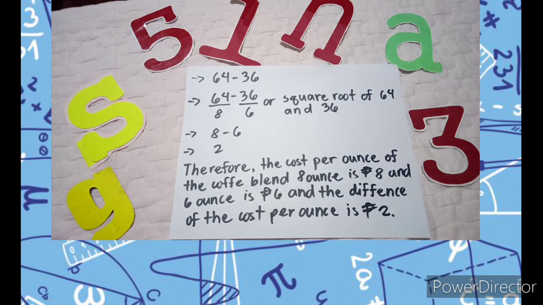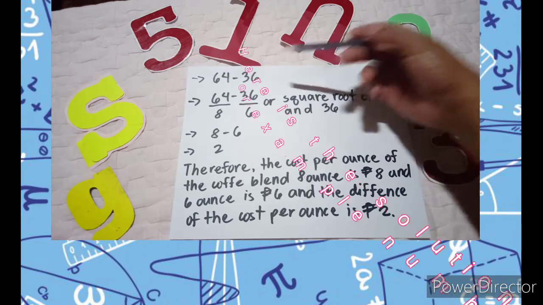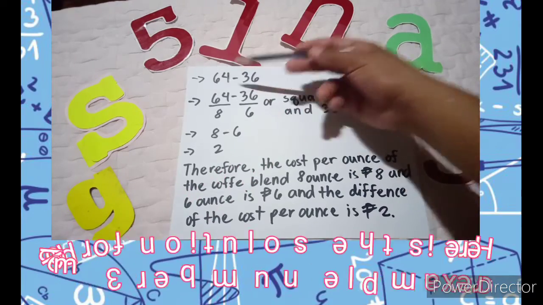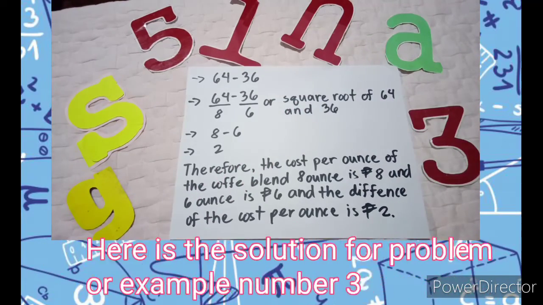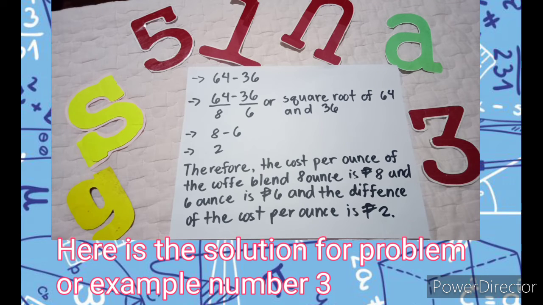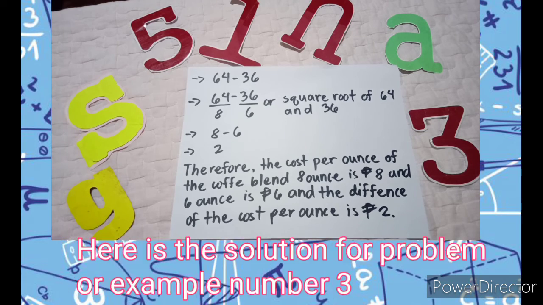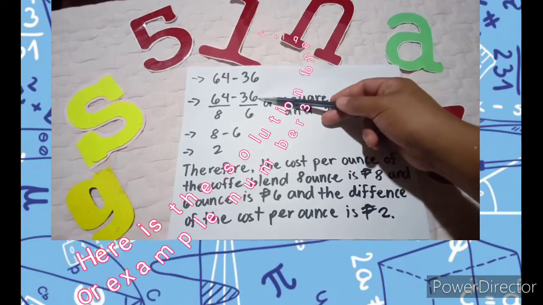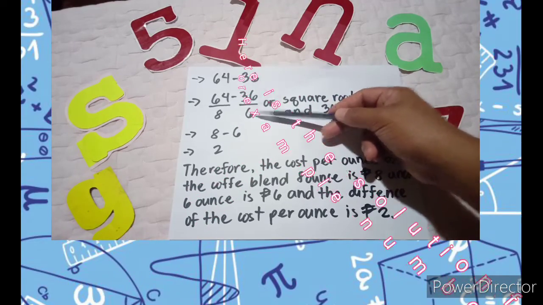Here is the solution for problem number 3 or example number 3. The cost of 6 ounce is 36 pesos. The cost of 8 ounce is 64 pesos. To find the cost per ounce of the two coffee blends, we just need to divide 64 by 8 ounce and 36 by 6 ounce.